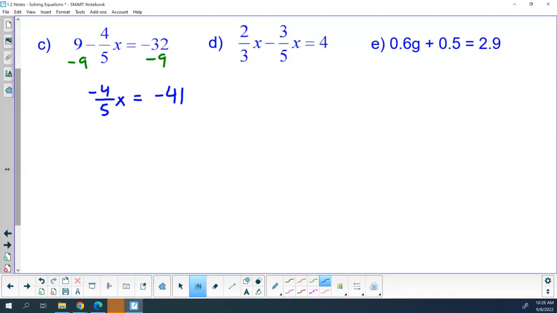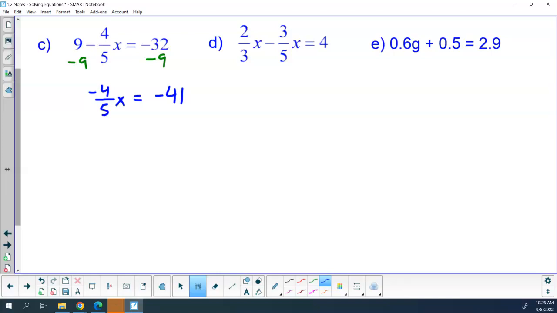Now here is a two paths diverge in the woods kind of deal. You can go down either one. Option number one is you could multiply both sides by 5, and that would get rid of the fraction. Then in your next step, you would divide both sides by negative 4. And you'd get an answer that way.